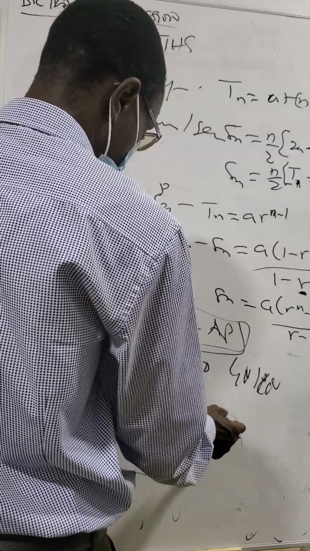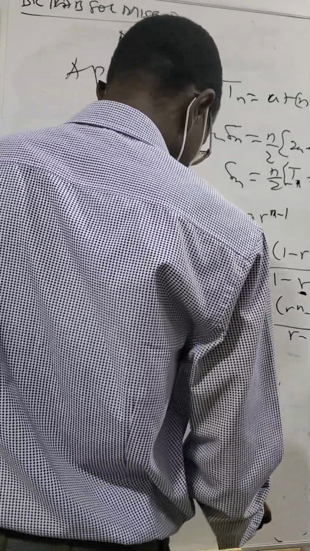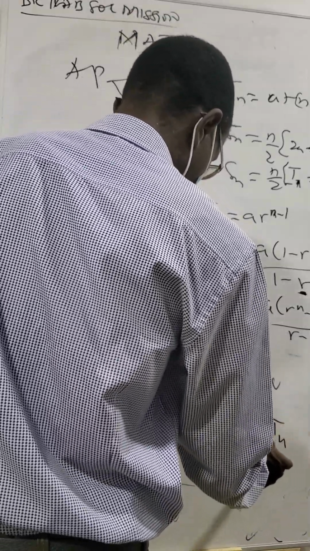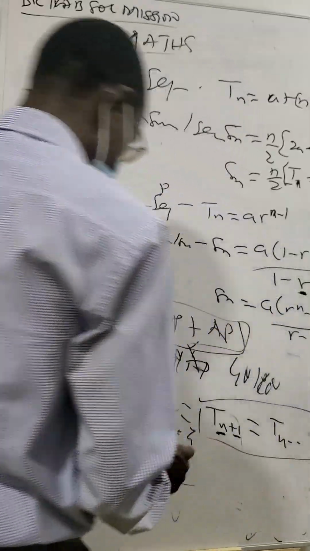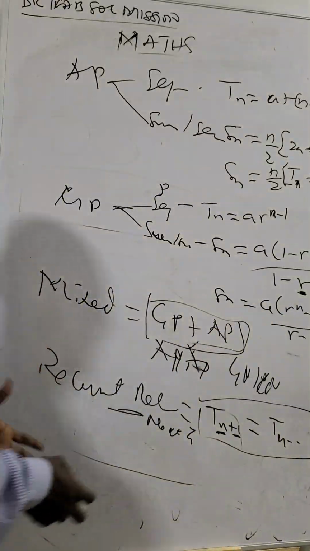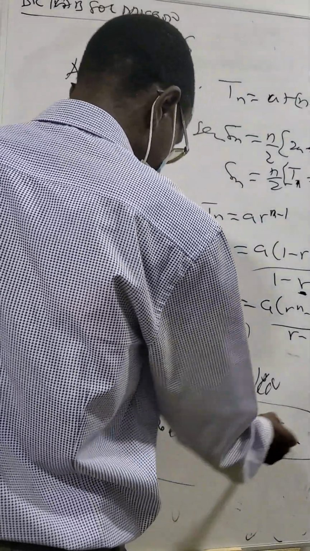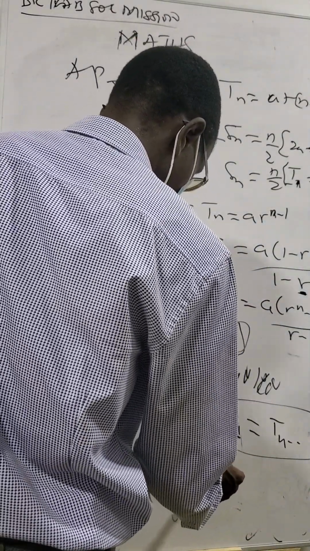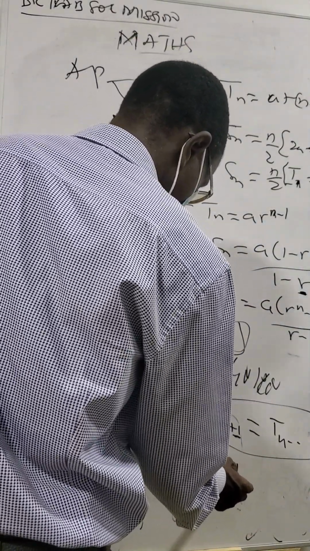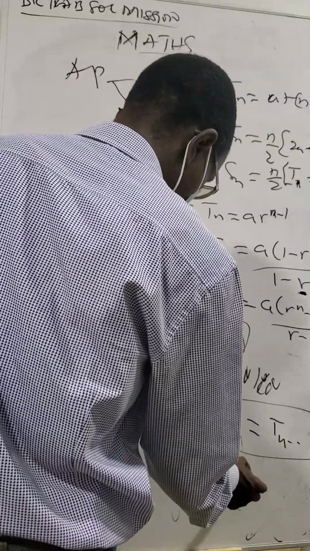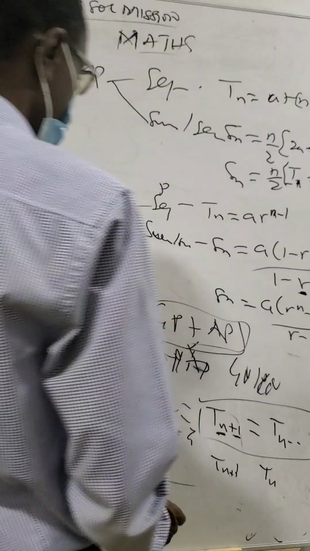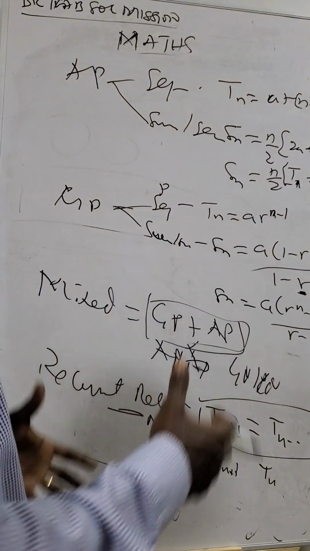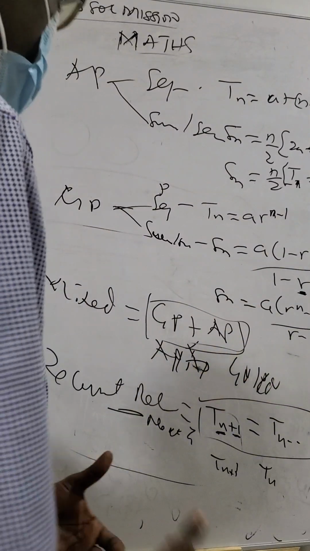T subscript n plus 1 will be dependent on the number before it, which is Tn, by certain manipulation. So if you want to make any adjustment in this equation, you usually would manipulate the T subscript n plus 1 and then the Tn. These are the ones that you manipulate, and then the equation will be modified by that manipulation.